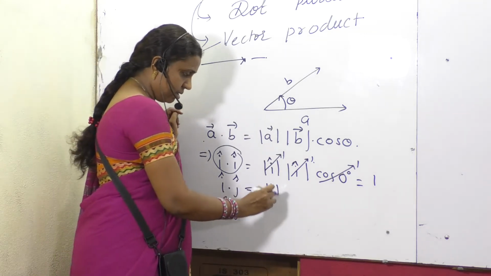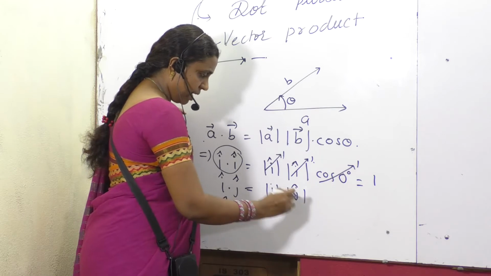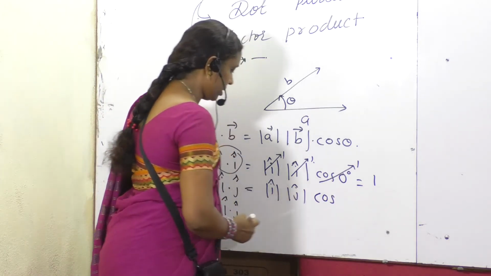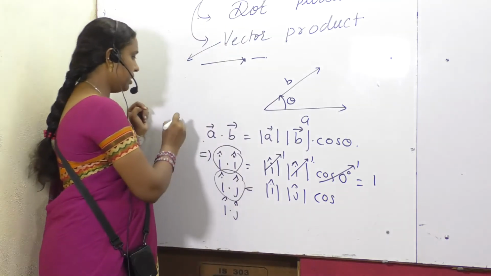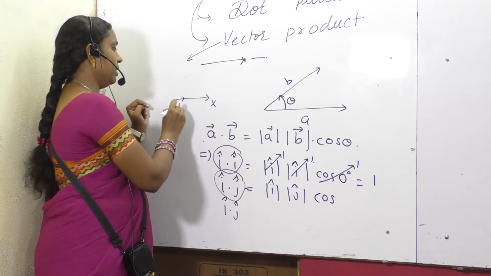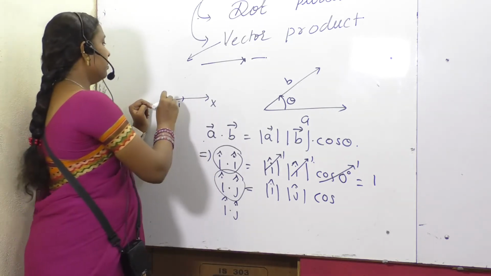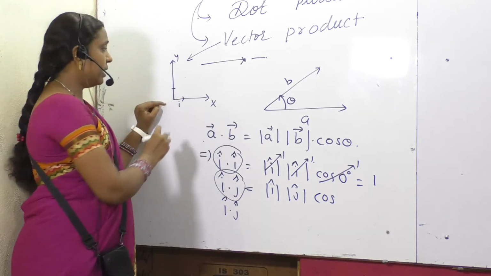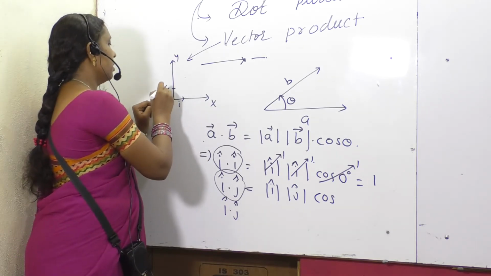Similarly, check i dot j: magnitude or length, its value, cos. This is important. Between i and j, i means the direction component along the x-axis, and j means the component along the y-axis.